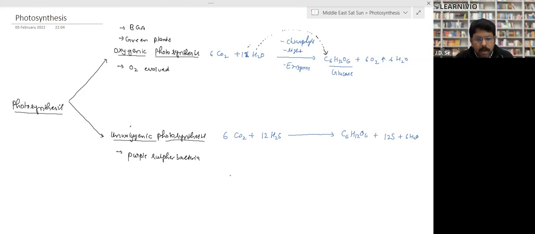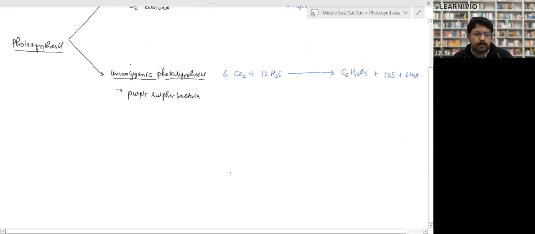They use hydrogen sulfide as hydrogen donor. Hence, the process is anoxygenic.